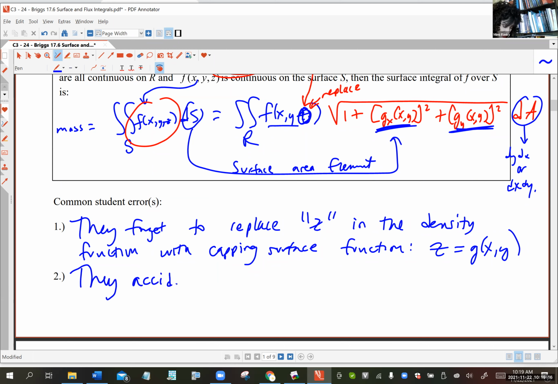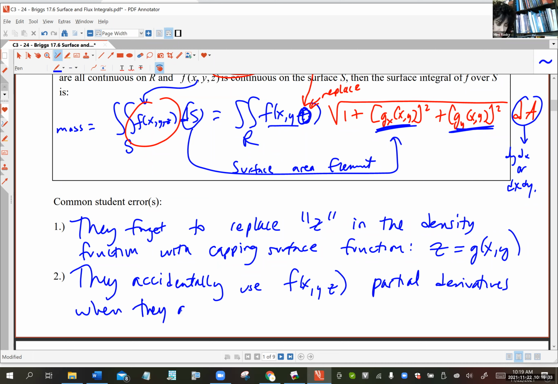So they accidentally use the f(x,y,z) partial derivatives when they are supposed to use the capping surface partial derivatives. Don't blow that. If you get lucky enough to get the right answer, well, that's nice, but I don't give credit for that. Those are the two student errors that I've seen when I grade the papers.